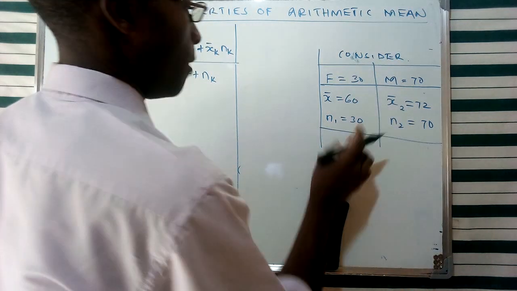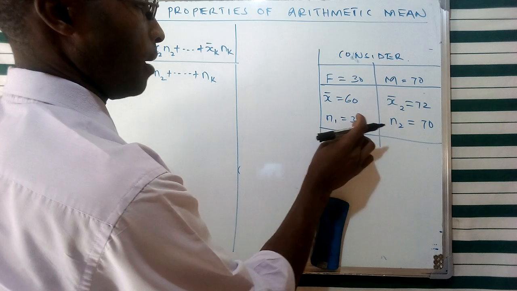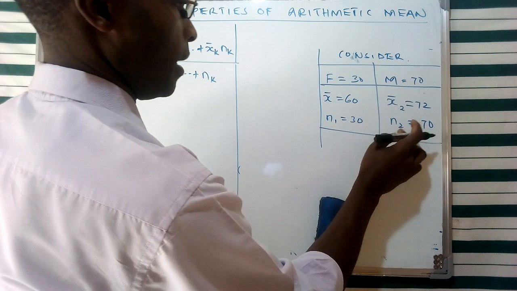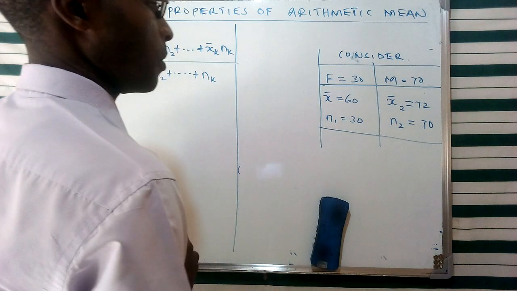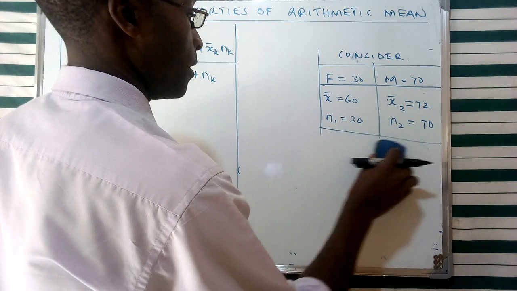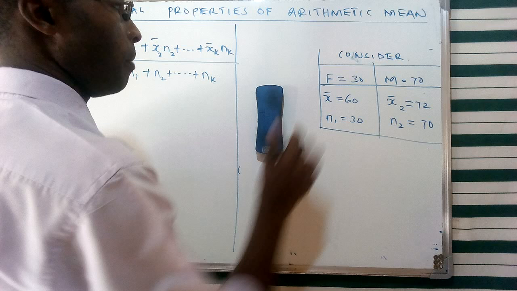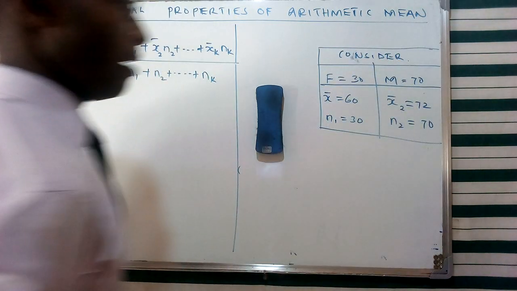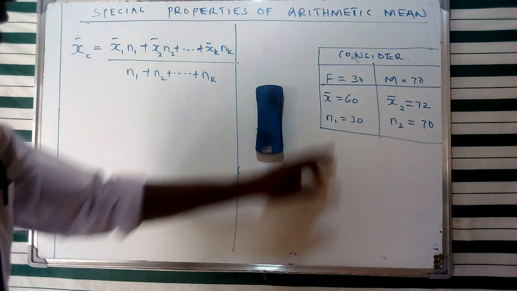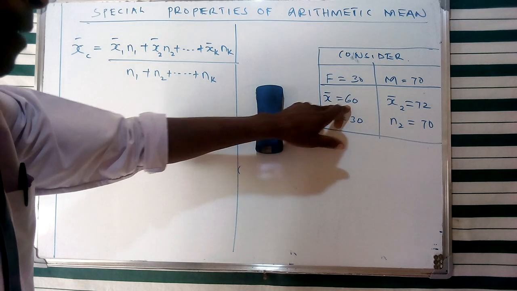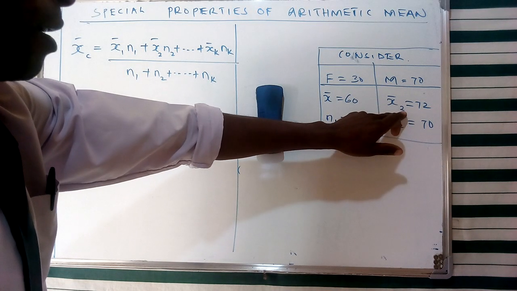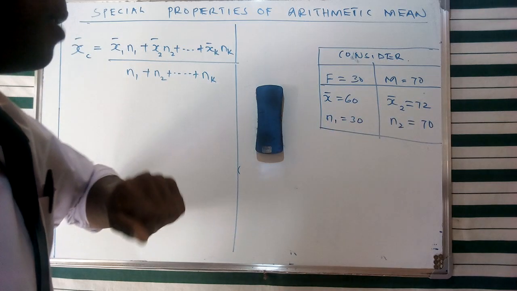Therefore, we're going to have our n1 represented as 30 and n2 for the number of males representing 70. And if these students perform a test, and their scores give averages for the females, 30 females are going to have an average of 60, and the 70 males are going to have an average of 72 in that test.